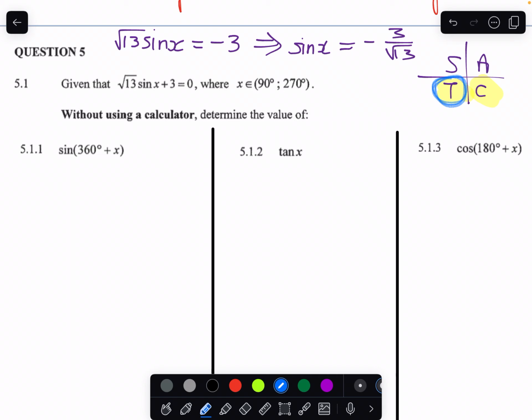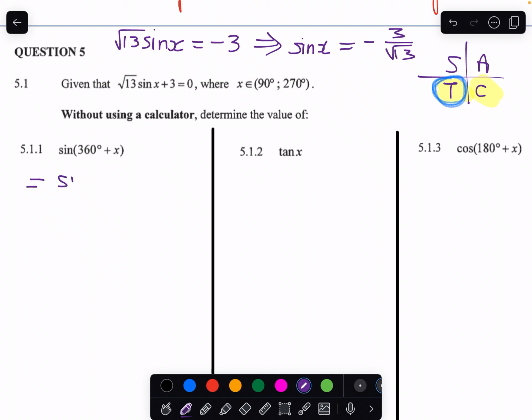So we can then go a bit further. Well, okay, we don't actually need to go further for now, because the first question just asks us for sine of 360 plus x. And if you add 360 to any angle, you're not in a new position on the Cartesian plane, you just return to the same position.